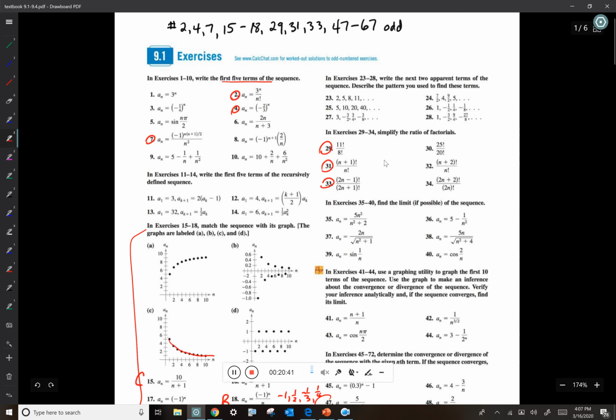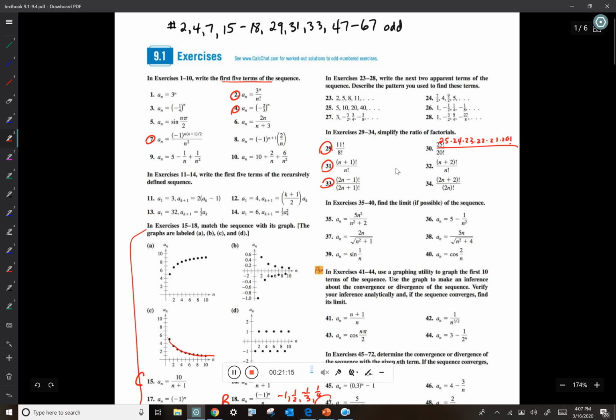Okay, and then I want to mention, when you simplify factorials, we don't want you to have to do the math. For example, think about number 30. If you had 25 factorial, so 25 times 24 times 23 times 22 times 21, and then you still have your 20 factorial on down.